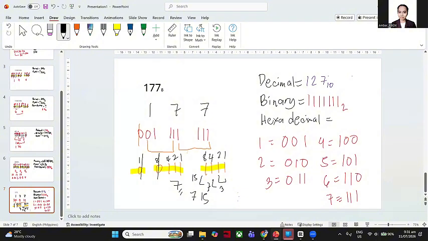But it's not the answer because remember, 10 to 15 is always A, B, C, D, E, F. So 10 is A, 11 is B, 12 is C, 13 is D, 14 is E, and 15 is F. So our correct answer is 7F, 7F base 16.